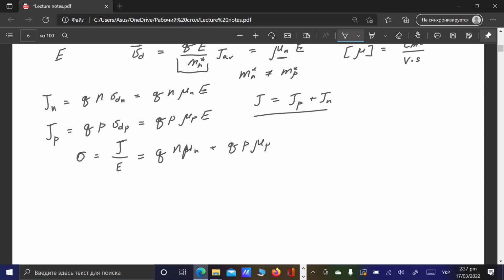So this stands for the drift contribution, and it happens obviously only when we have some electric field.